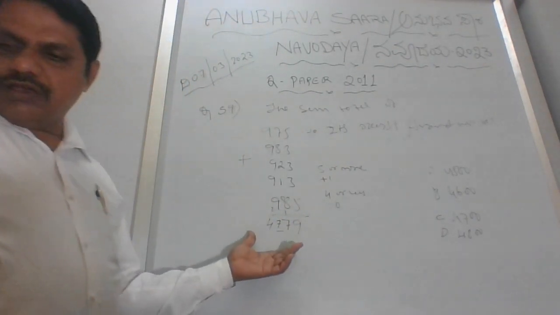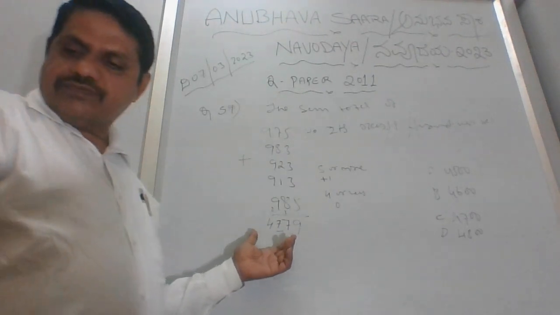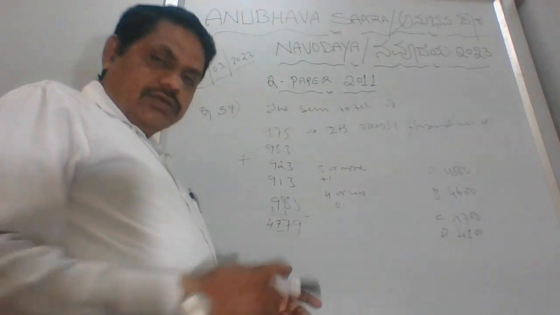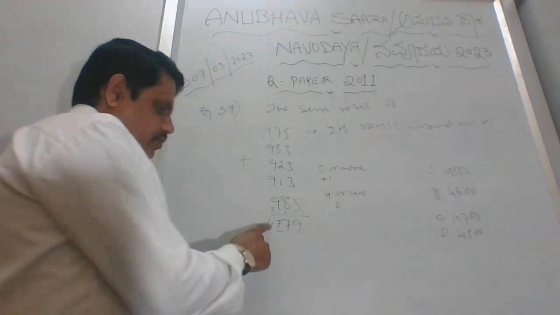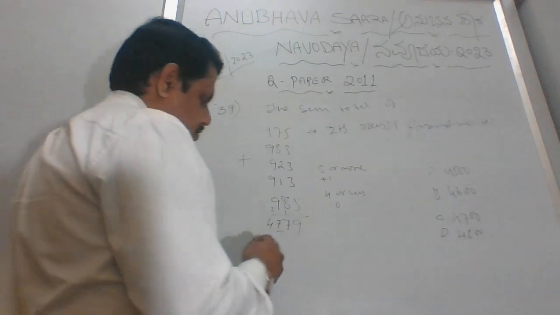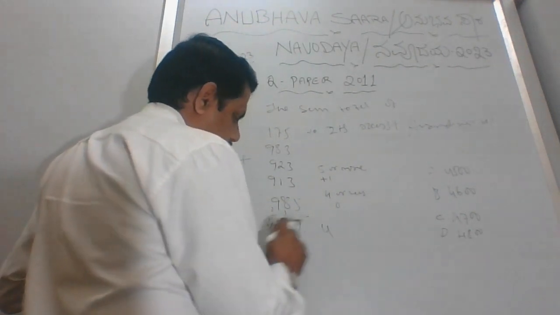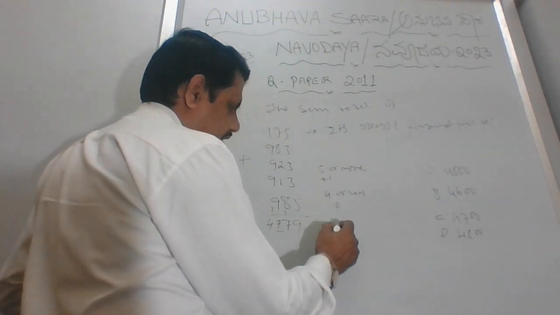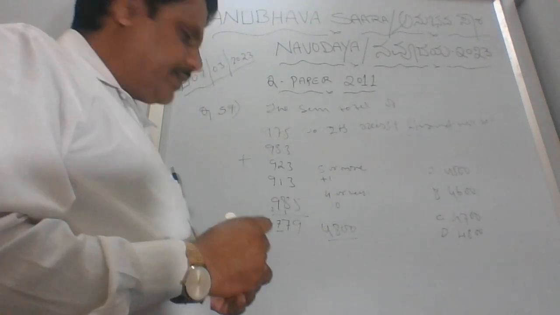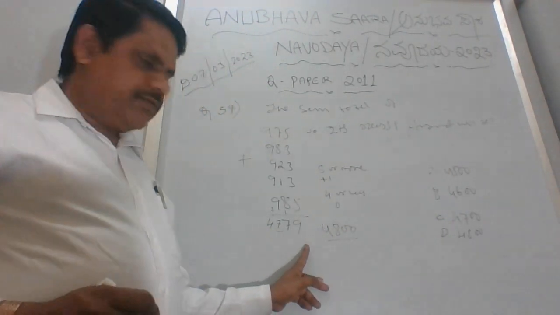The same thing here, what we are doing. Okay, so here 4779 is there. That means what we will do here, rather than 7 we will write 800. Right?